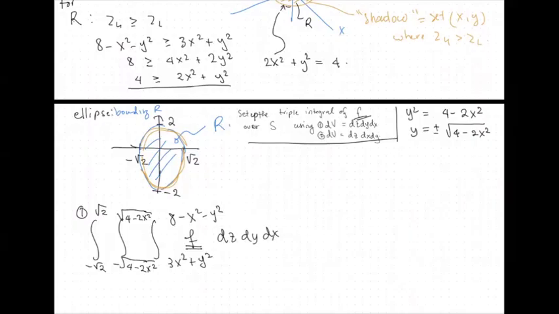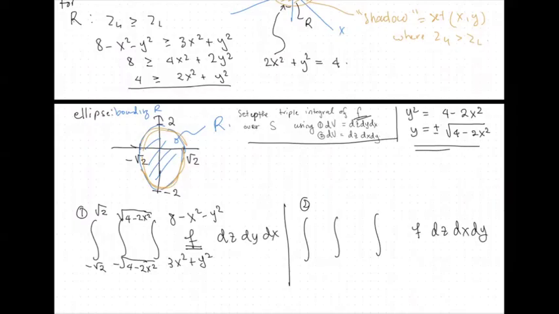Question. So for number 2, almost the same. So f dz dx dy. Now here we are going to solve for x.